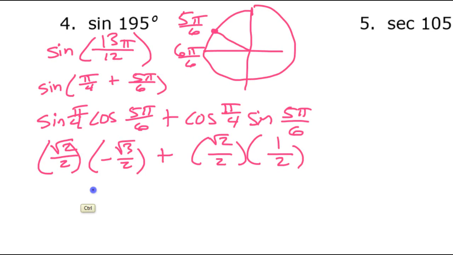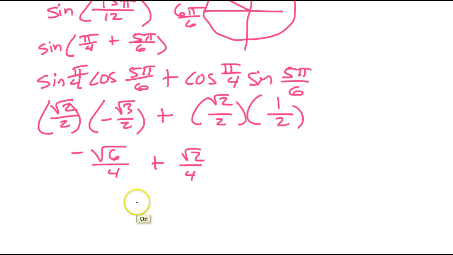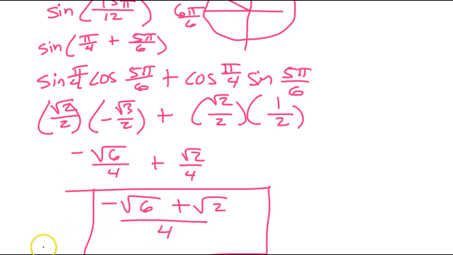So that's going to give us negative radical 6 over 4 plus radical 2 over 4. And we already have like denominators, so we can just go ahead and write negative radical 6 plus radical 2 all over 4. And that is going to be the final answer.